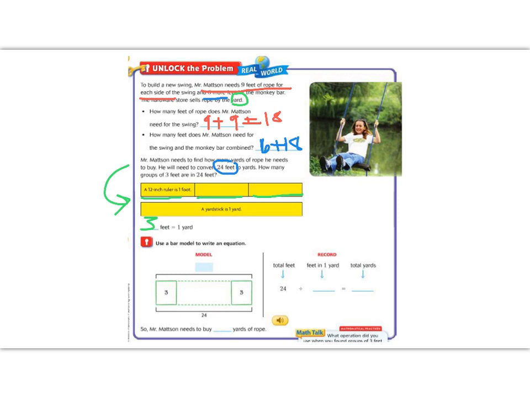So this here shows us we have a total of 24 that we need, and we're going to split it into groups of 3, and 8 times 3 is 24, or 24 divided by how many feet are in a yard gives me a total of 8. So you can multiply or divide to find that answer. So Mr. Matson needs 8 yards of rope. Great job so far, 5th graders.